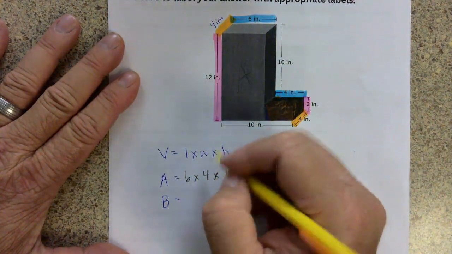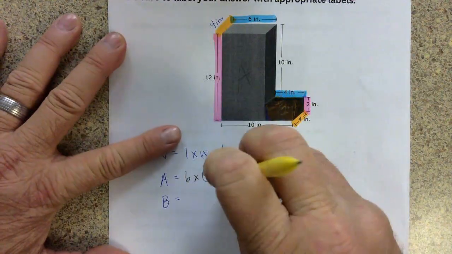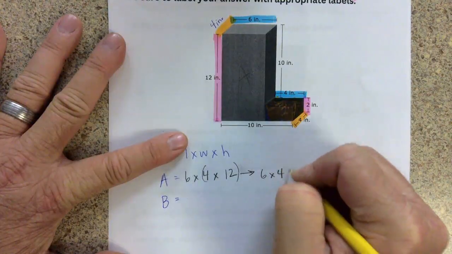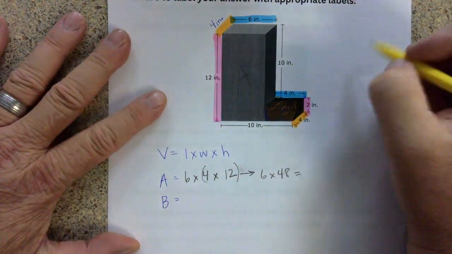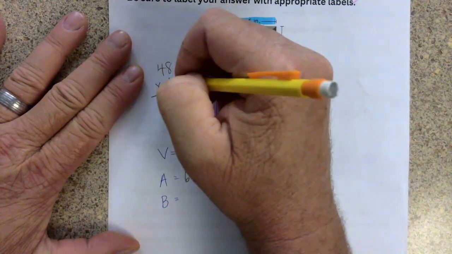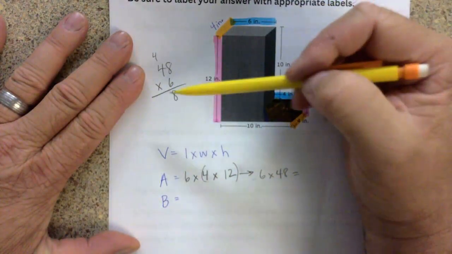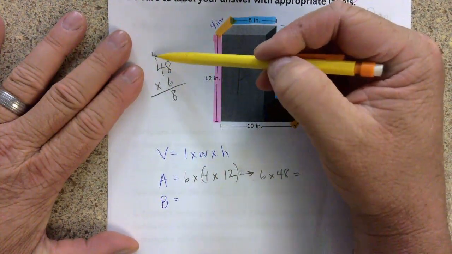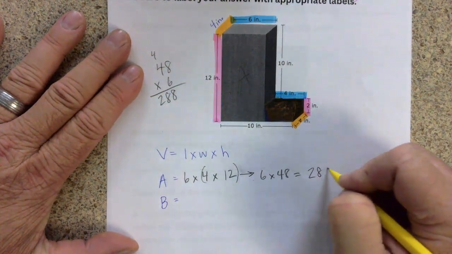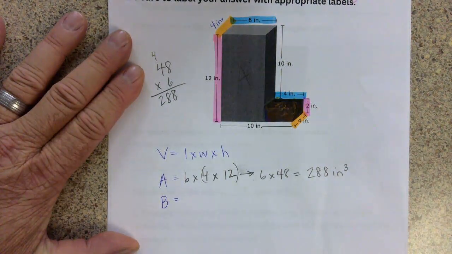I know that 4 times 12 is 48, so this is going to be 6 times 48. 48 times 6. 6 times 8 is 48. 6 times 4 is 24, plus 4 is 28. So part A is 288 cubic inches.